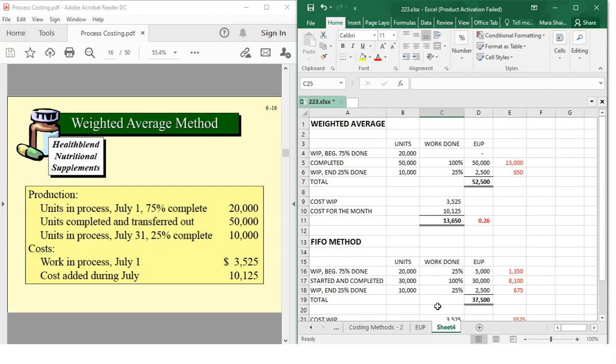So again, for weighted average method, this method does not follow any assumed flow of cost. So rather, it assumes that similar product completed or processed during the same period absorb the same amount of material, labor, and factory overhead.